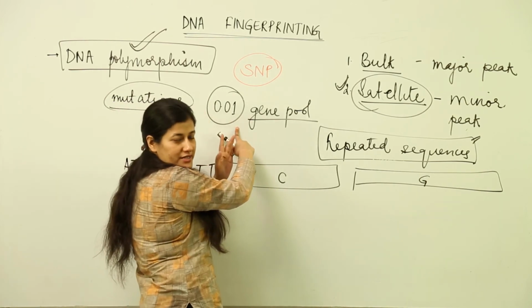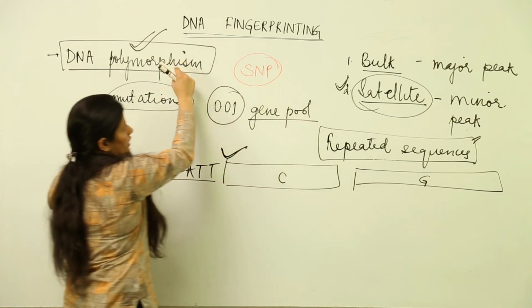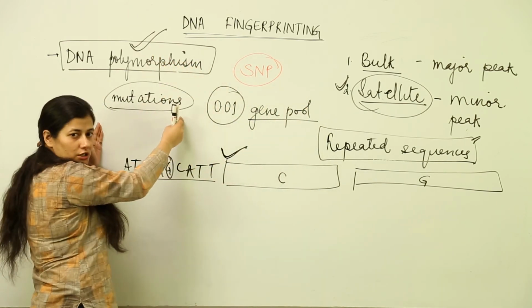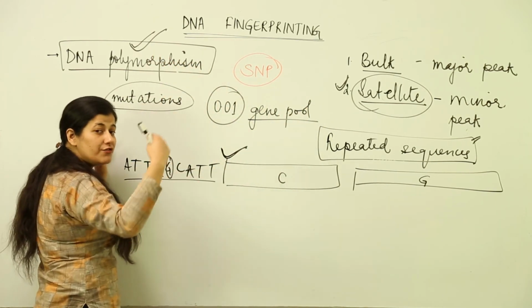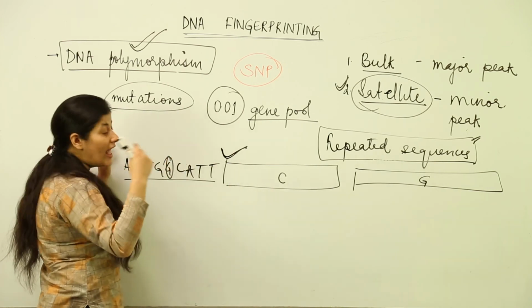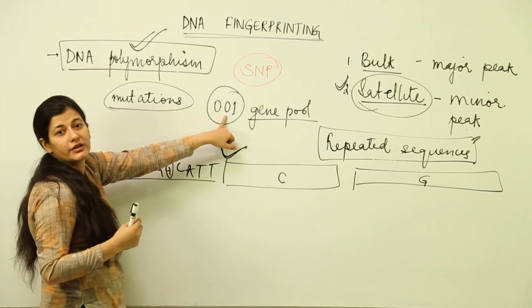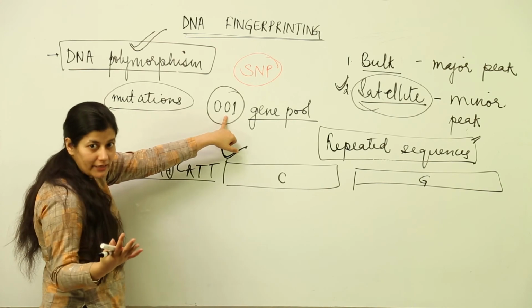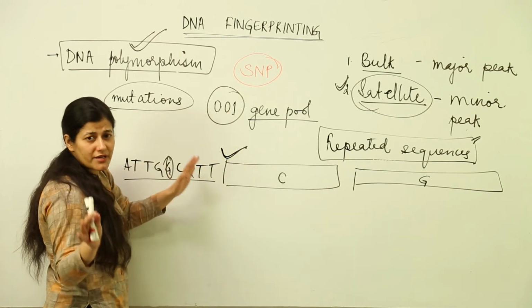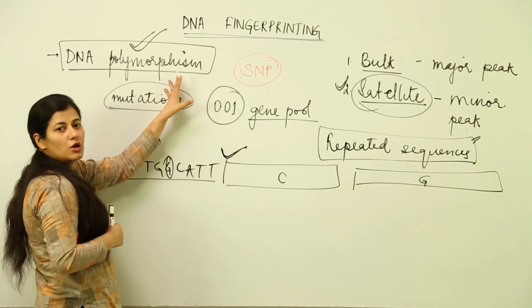If it is this much present, then in the gene pool it is known as polymorphism. Basically, it is a mutation, it is a polymorphism that, if inherited from one generation to another and contributes as much as this much value in the gene pool for a given allele which does not express itself, then that is known as polymorphism.